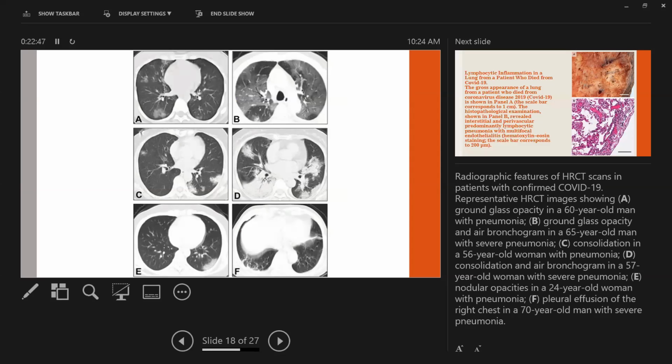And then as these areas essentially start to fill up with this inflammatory exudate, you start to see what are called ground glass opacities. And then you get things where you can't see through them at all. And then, of course, in panel F here, as you can see, that's a patient with what's called a pleural effusion. This is very severe, and this patient, unfortunately, passed away from this disease.